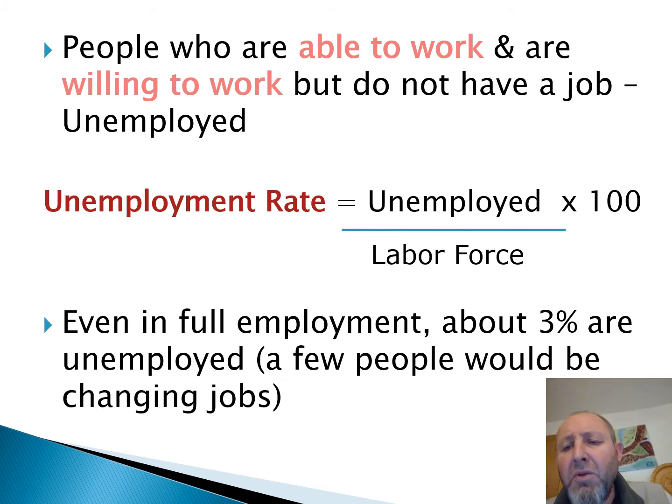They could be what we call frictionally unemployed. For example, if you leave school and look for a job, you might not find a job straight away. When you leave university, it's not the best thing to jump into the first job. Wise people spend a little bit of time looking.